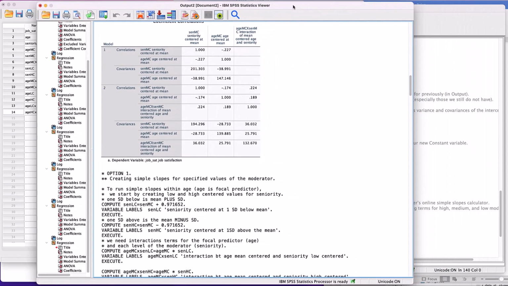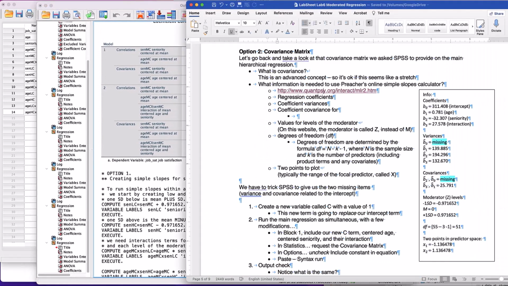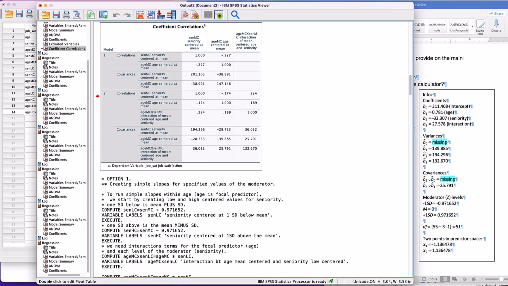Bring this way. This guy right here. So the coefficients, those we got off of the overall model. So the model results. The y-intercept was 311,408. The age was 0.781. So those were off of the model results.